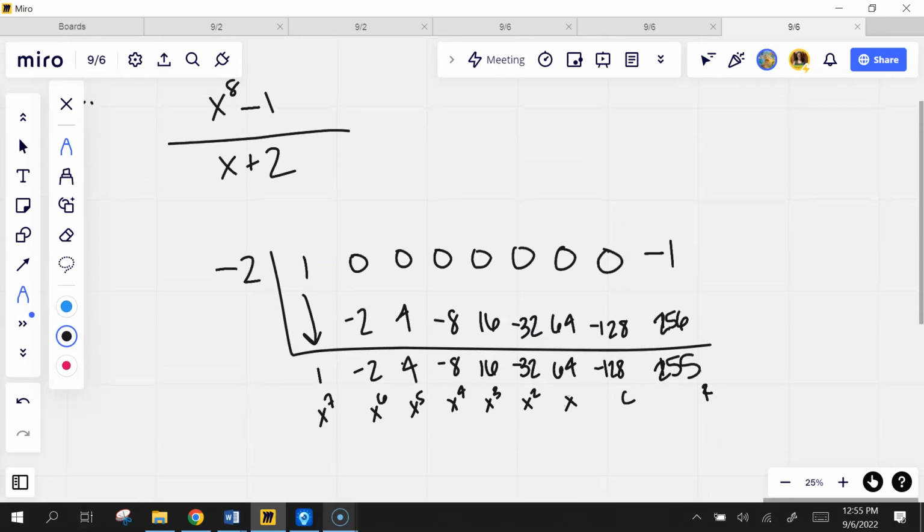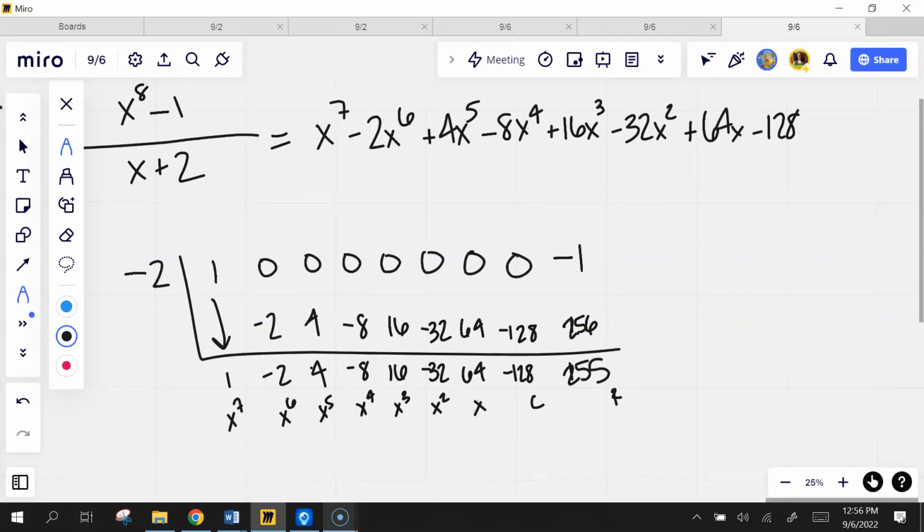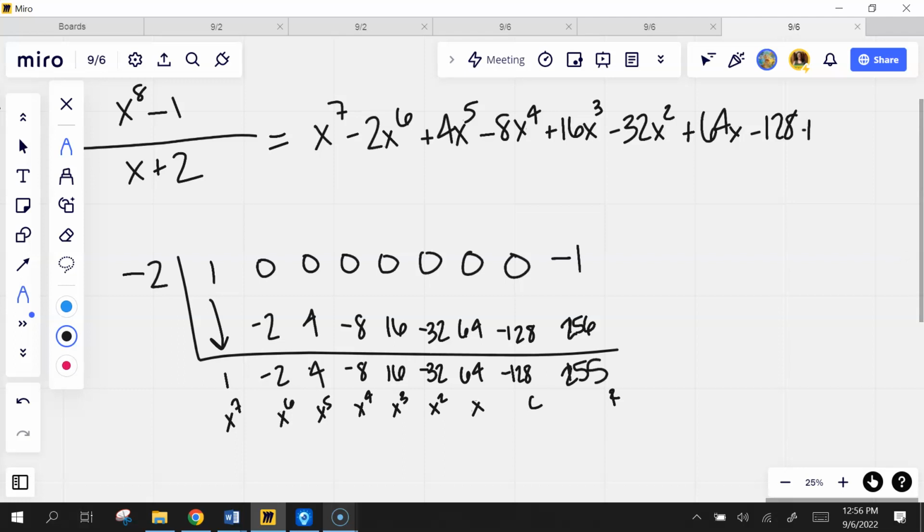So whenever I divide this, it equals x to the 7th minus 2x to the 6th plus 4x to the 5th minus 8x to the 4th plus 16x cubed minus 32x squared plus 64x minus 128 plus 255 over x plus 6.